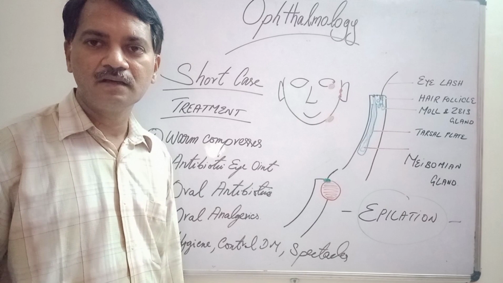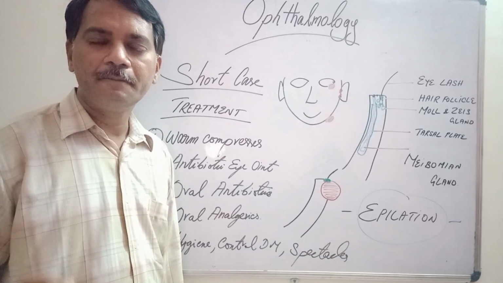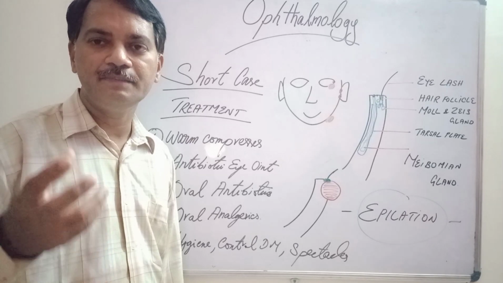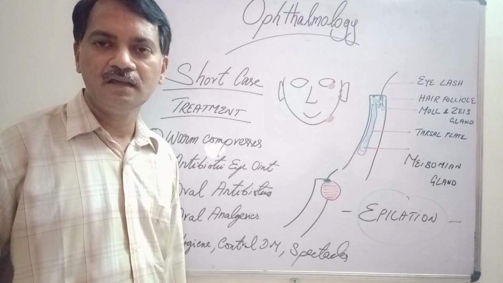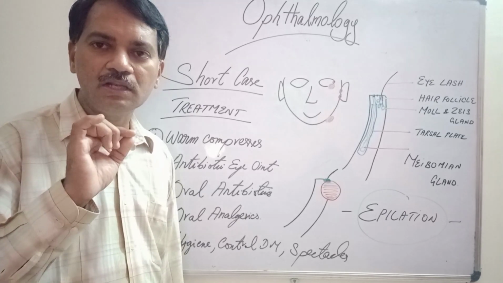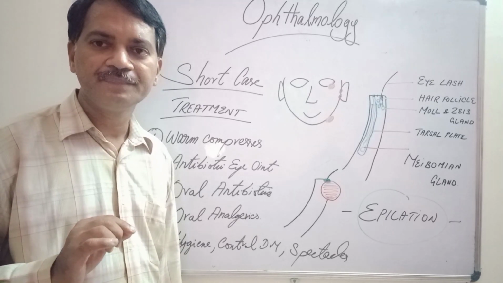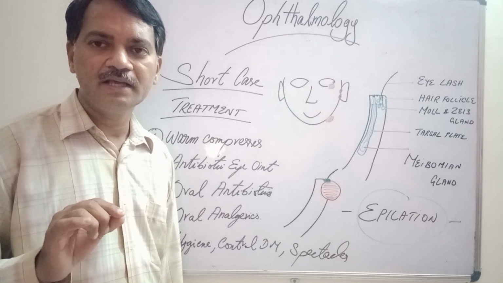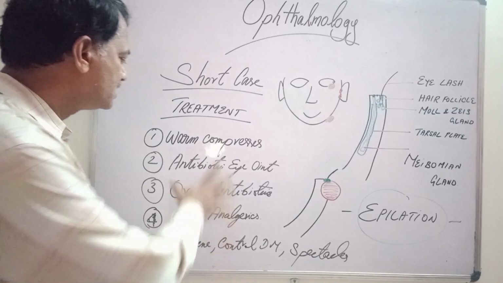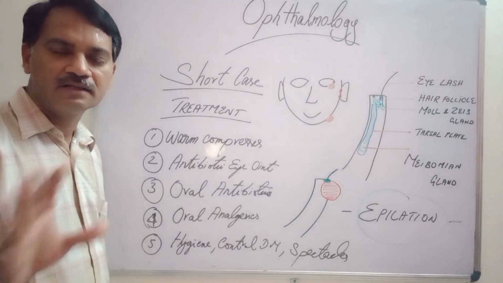Just remove it. Automatically the pus will come out freely and the swelling and pain may reduce drastically. Or we can make a small horizontal incision at the pus pointing area so that the pus comes out. You should give all this medical management following that.